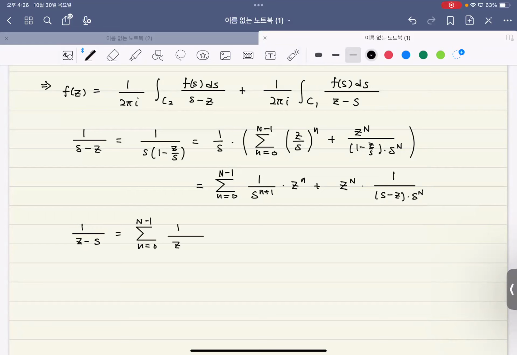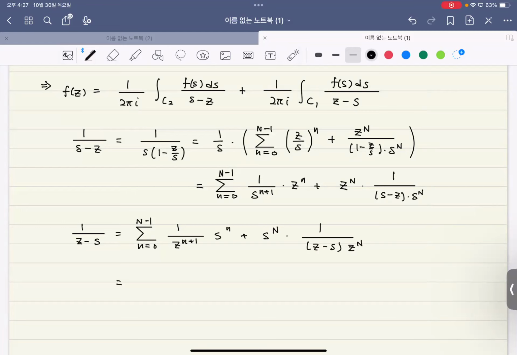Oh, no. So this is s^n over z^(n plus 1), plus s^n over (z minus s) times z^n, right?